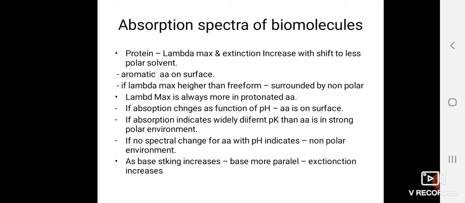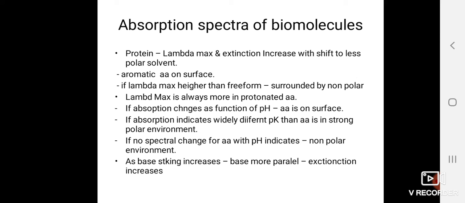Specifically, if you come to the absorption spectrum of biomolecules, in case of proteins in a polar solvent, the lambda max and extinction increase with shifting to a less polar solvent.